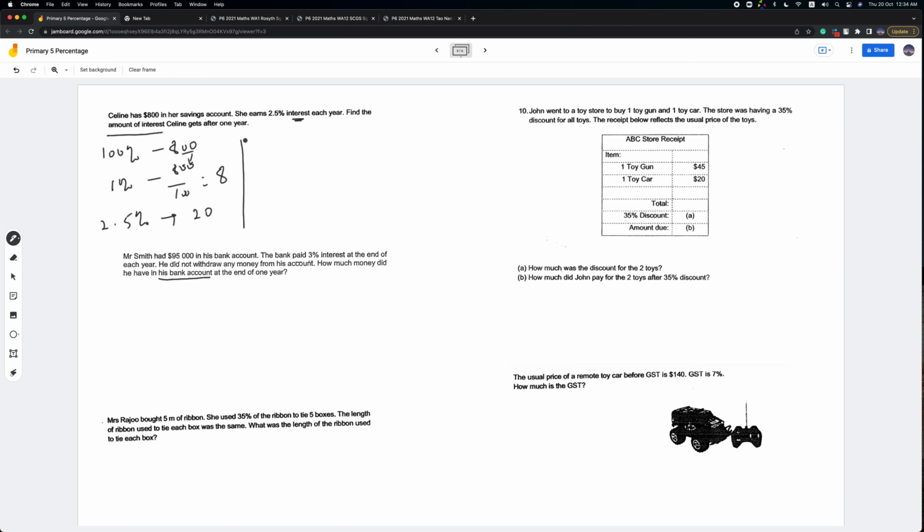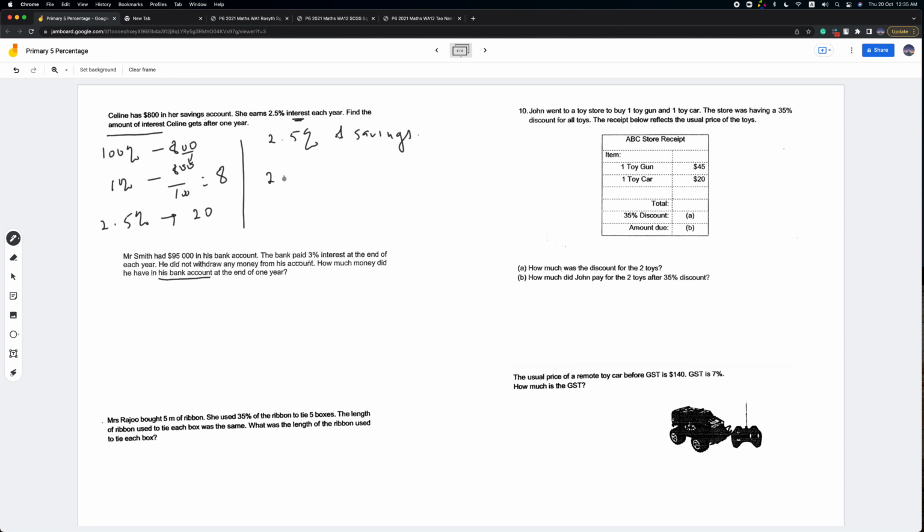My preferred way, since this one is a decimal, what we can do again, if this is a calculator question, it's quite simple. 2.5%, of her savings. It didn't say here, but it's understood it's of her savings.